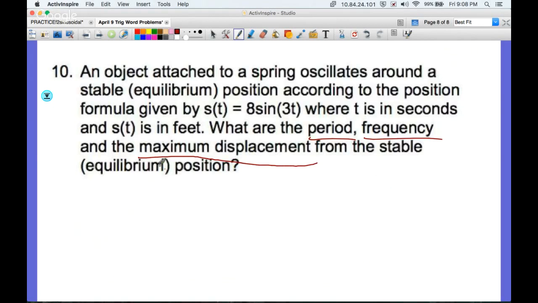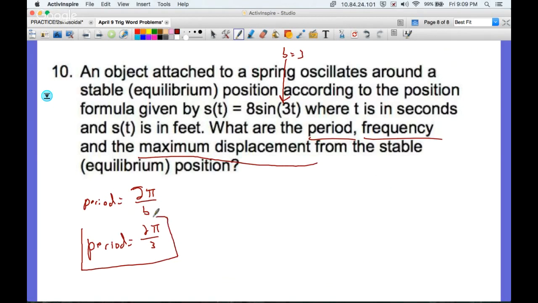So for period, we know that period equals 2 pi over b. I can tell that my b value is 3 here. So the period is going to equal 2 pi divided by 3. All right, one down.